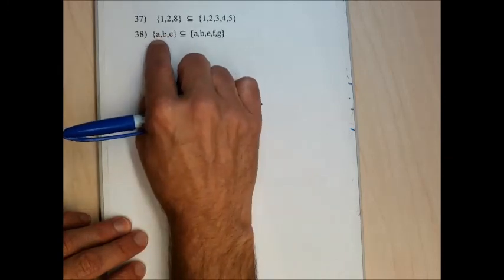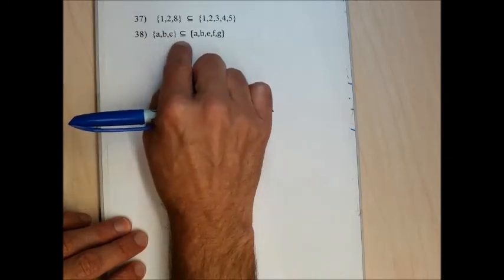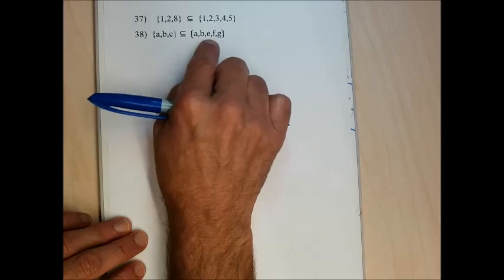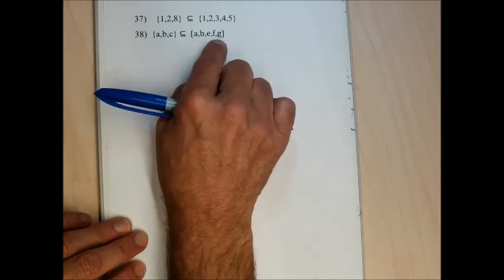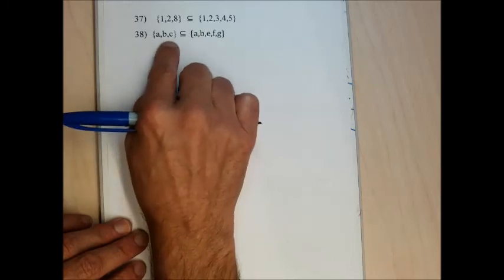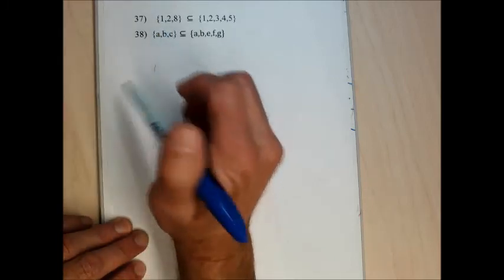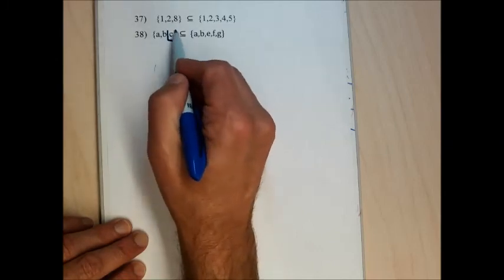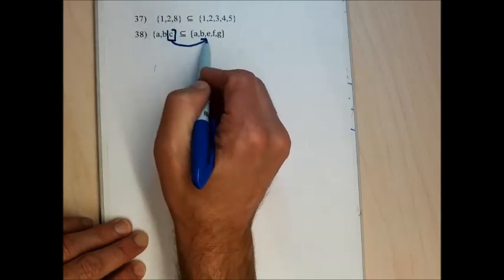So let's move on to 37 and 38. So 37 is the set that contains A, B, and C, a subset of the set that contains A, B, E, F, and G. To be a subset, you need to satisfy two rules. The left object needs to be a set, which it is. The second rule is every element in the left set has to be in the right set, which it isn't.